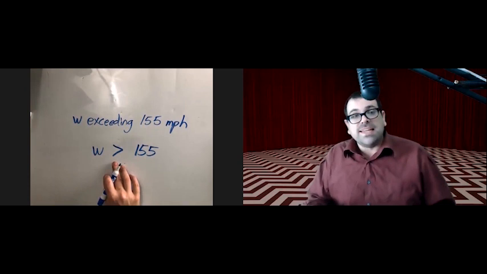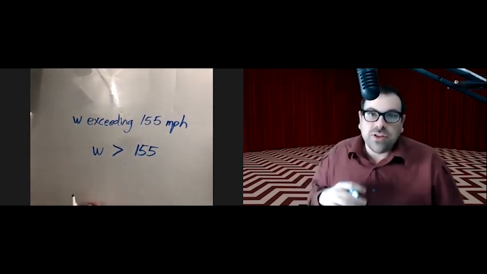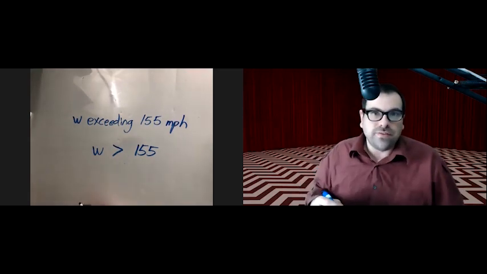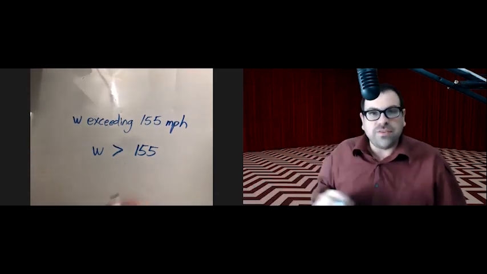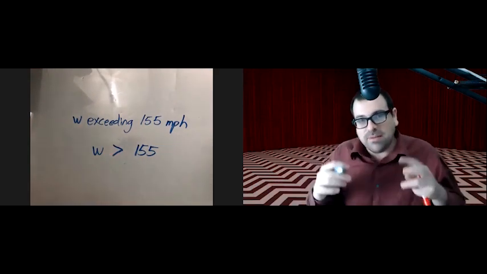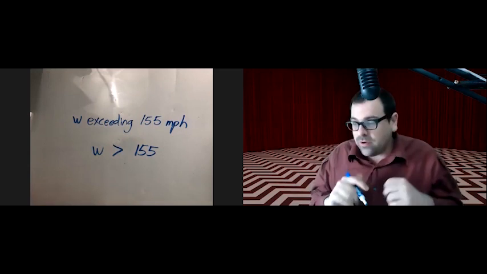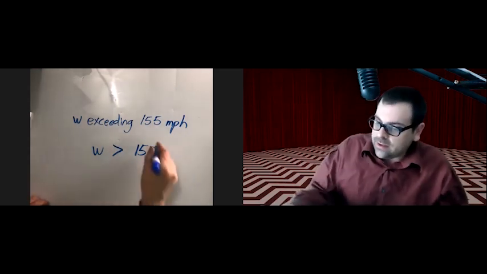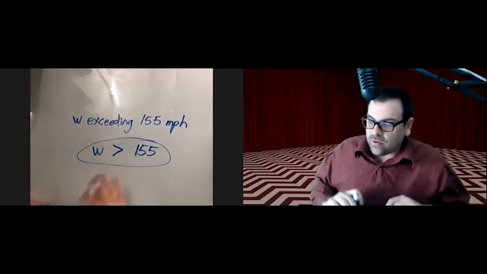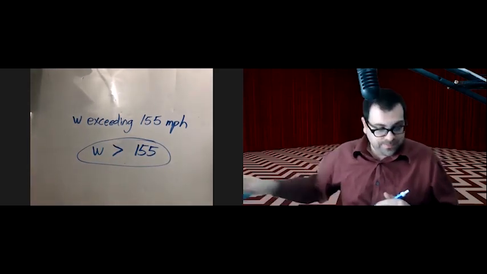Well, if you have a wind speed of 155, by the English language, that does not exceed 155. Exceed 155 means more than. It doesn't imply that a speed of itself would exceed it. So this is just good old-fashioned greater than, not greater than or equal to.